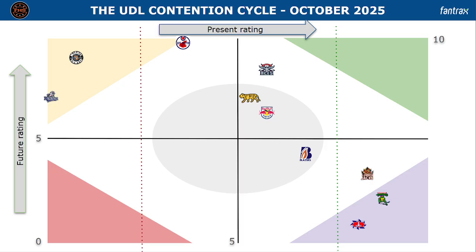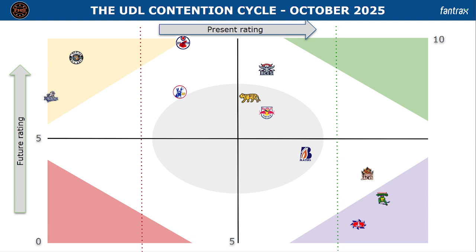We'll see. And after Kamloops, the next team is the Kansas City Scouts, which are on the verge of the gray area, and also quite in the middle or above average in terms of future rating, but not really close to contention.